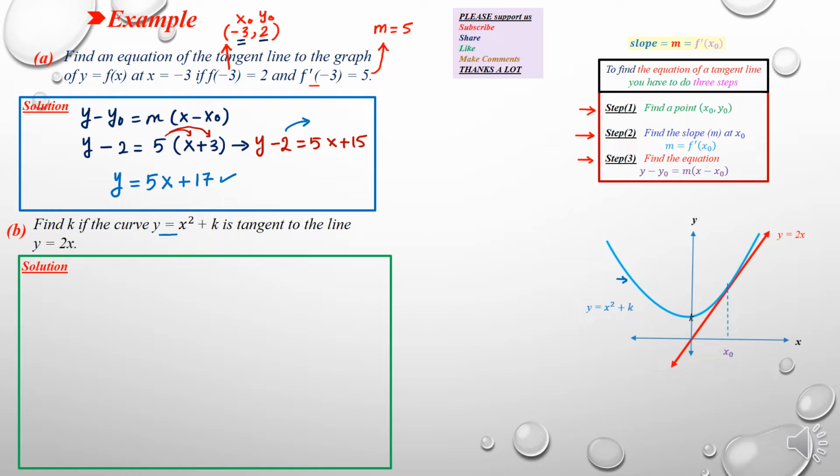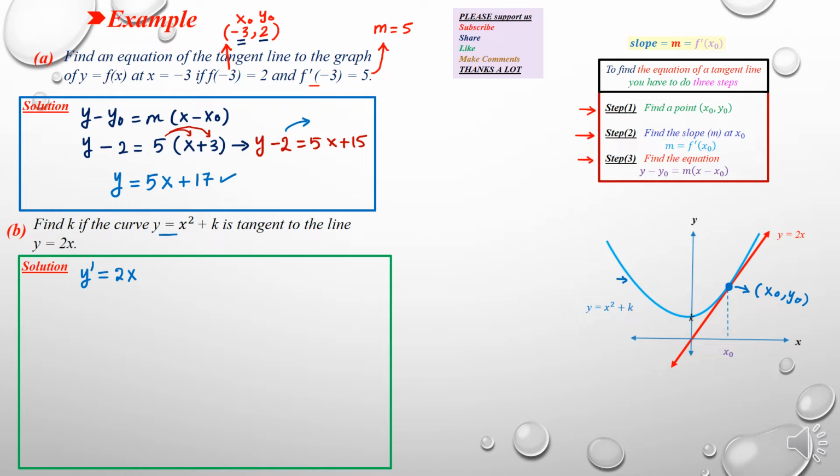Now this is the tangency point, and we don't know what's the coordinate of this point. So let's say it is x0, y0. Since x0, y0 is the tangency point, this means the slope of the curve at this point is the same as the slope of the tangent line at this curve. So the slope of the curve is y prime. So we have y prime equals 2x.